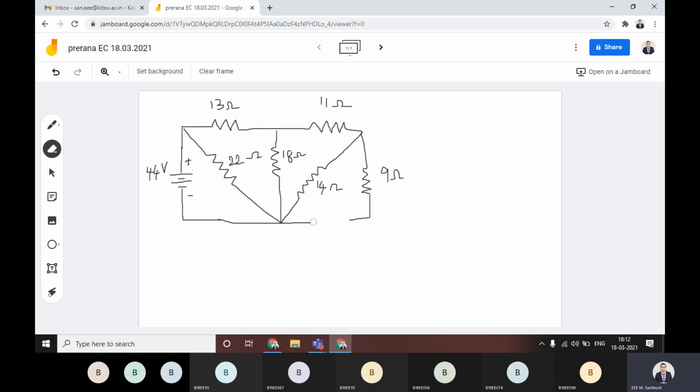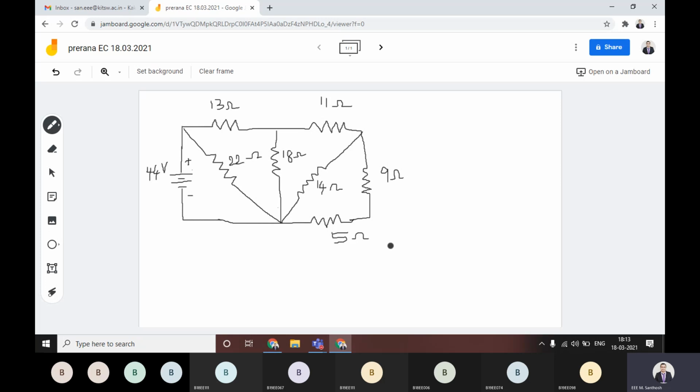Sorry, here also another resistor connected. That value is 5 ohm. 44 volts, 13 ohm, 11 ohm, 22 ohm, 18 ohm, 5 ohm, 14 ohm, 9 ohm. This is the actual circuit.